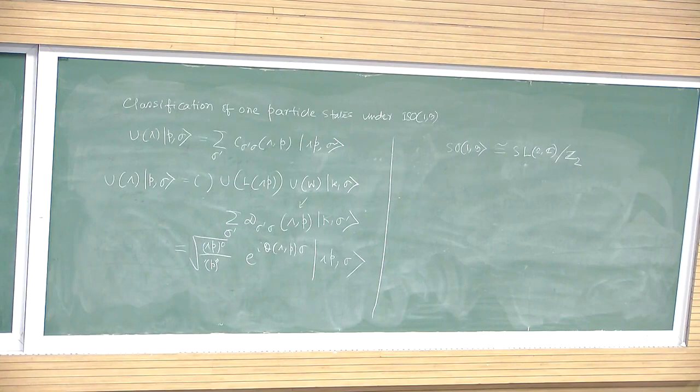The little group is something which leaves the one-particle massless state invariant, which leaves the momentum of the massless particle invariant. Under the little group, sigma can change, not the k. Ultimately it did not change, but we allowed initially that it can change. Then we found that it became delta sigma prime sigma.